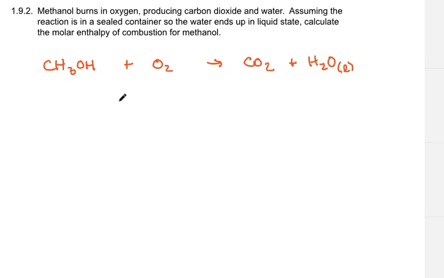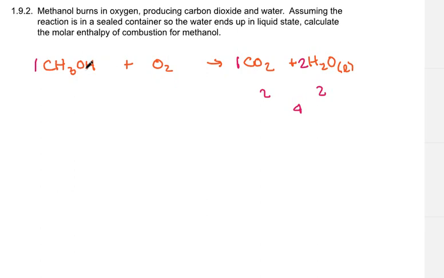Now, before you can do products minus reactants, you need not just a reaction but a balanced reaction because we use those coefficients, remember. So let's see if we can balance this. One carbon, good. 4 hydrogen, need a 2 there to balance that. Keep that as is. And now for oxygen, we have 2 oxygens here, 2 more oxygens here, total of 4.